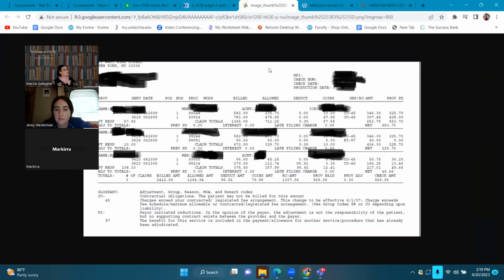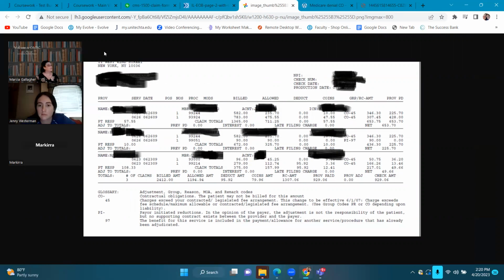Now, I don't want to scare you, but as a coder, if you are coding and billing for a large facility, you're going to have stacks of these. It's just how it works, because sometimes the insurance denies for something really, really small that's wrong. I know it's hard to look at this with a bunch of black squiggle marks on it, but it has to be that way, because this is protected health information.